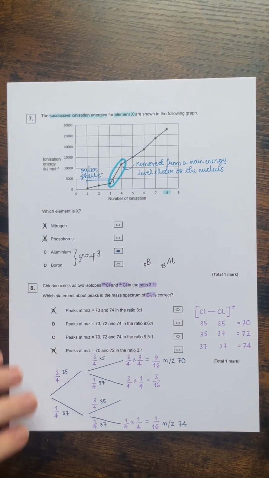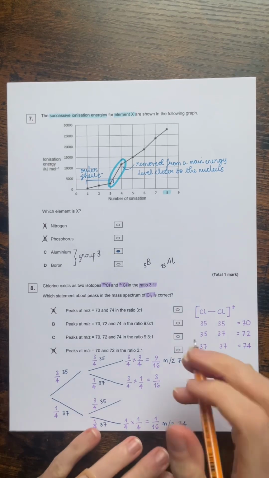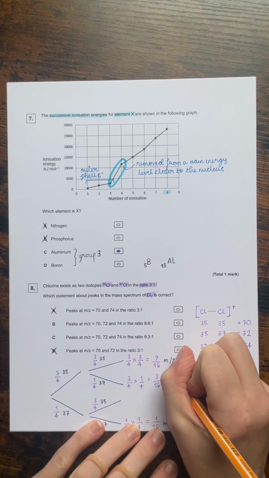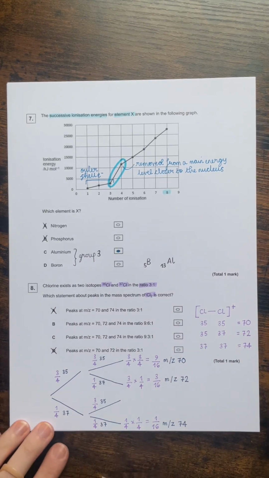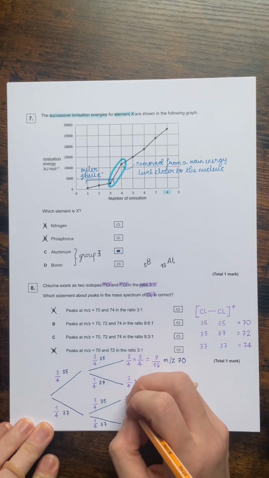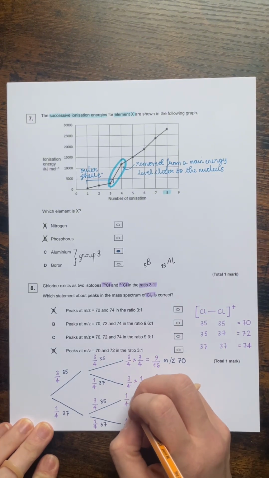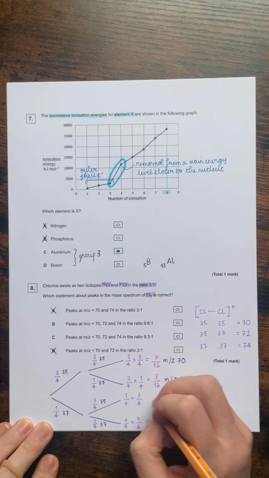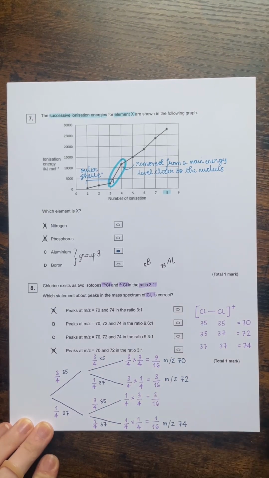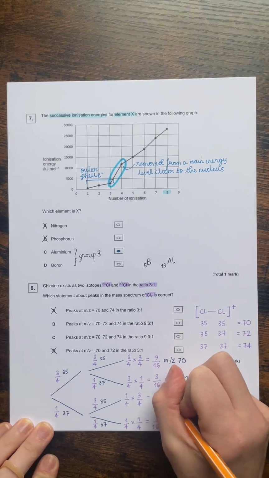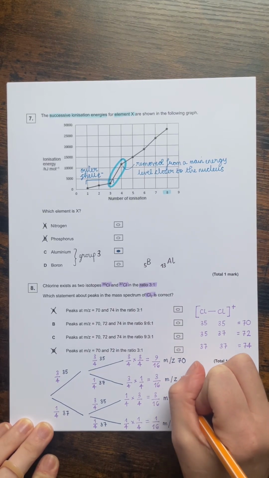And if one is 35 and one is 37, that's going to give us a mass to charge ratio of 72. But if we then go with 37 as being the first chlorine atom, 35 as the second, then that will also give us 3/16 for the likelihood that that will happen. And here the m/z value is still going to be 72.